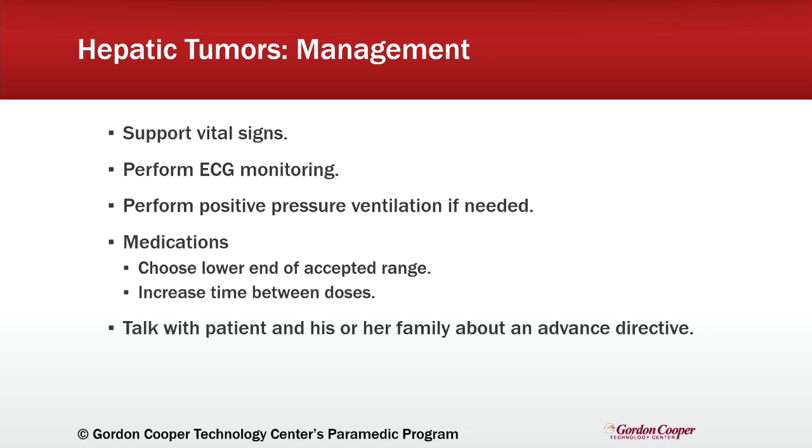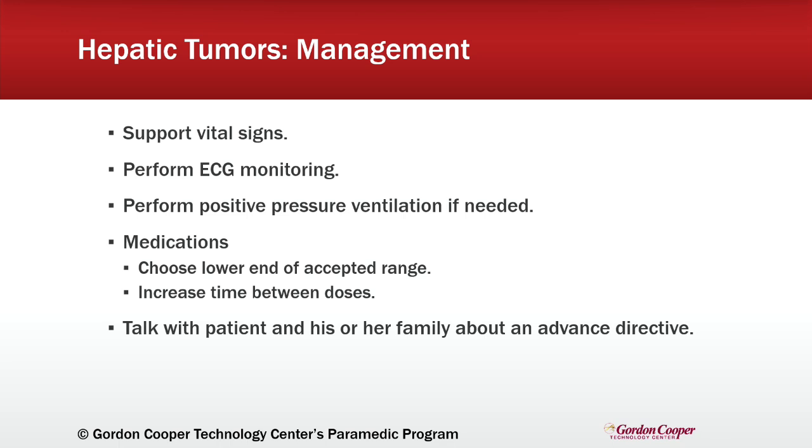If you give medications, it's really important to realize that anytime you're dealing with a poorly working liver, make sure that you use the lower end of the doses of medications. This is especially true for those medications that are metabolized through the liver. Using those lower doses is important because that medication is probably going to stay in the system longer.